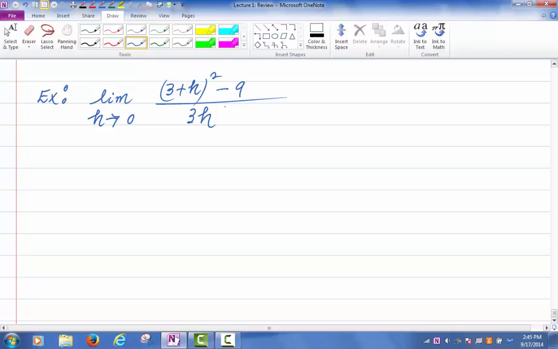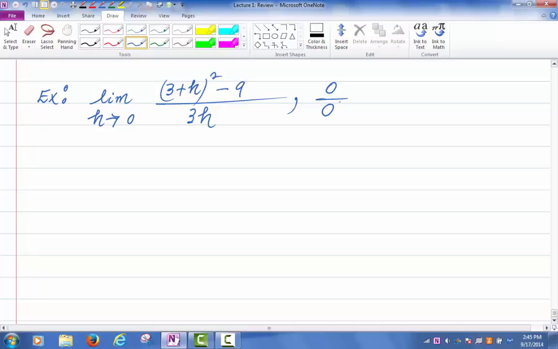If I plug in the value of h, what do I get? Do I get 0 again? Do I get 0 in the denominator? Is this a rational function? So instead of h, replace h by x, right? And do you think I have a polynomial in the numerator?